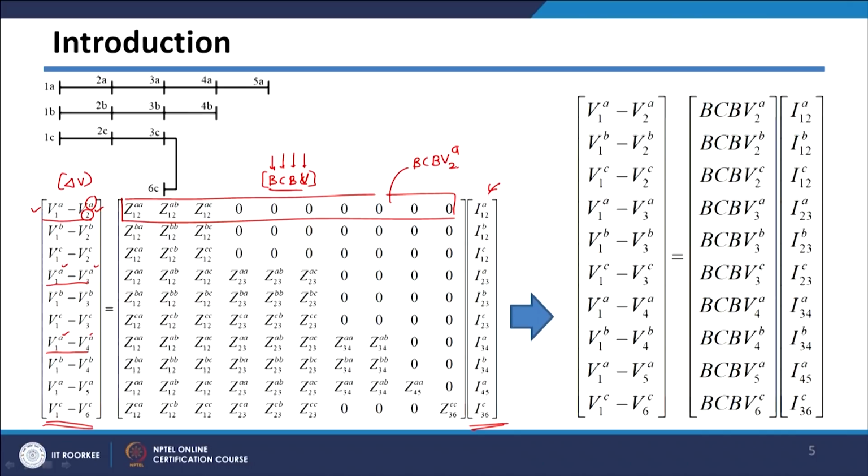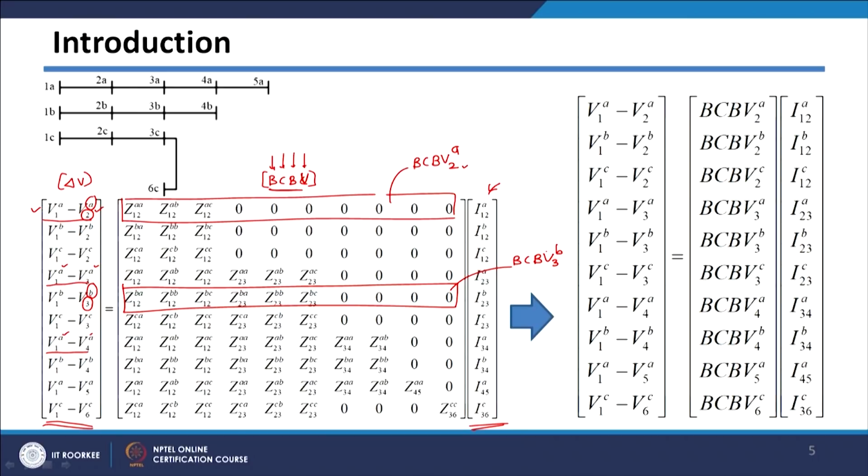So, this corresponds to node 2, A phase. Exactly this way, if you consider this particular row here, this row will be called BCBV, and it corresponds to node 3 and B phase. So, it will be 3B.